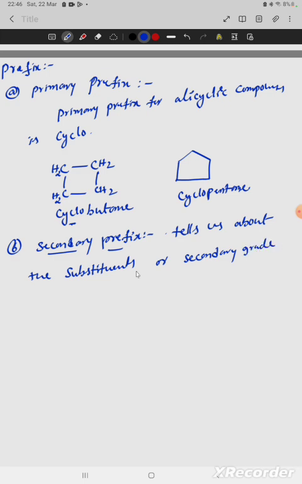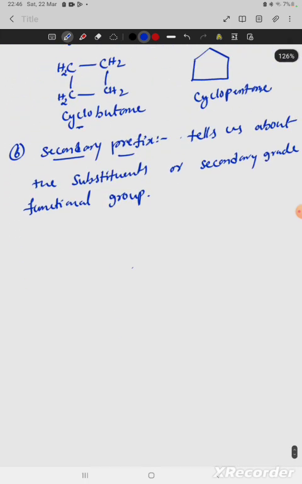If there is a polyfunctional compound, after selecting the principal functional group, all other functional groups are taken as substituents. See a few examples here: substituent and their secondary prefix.